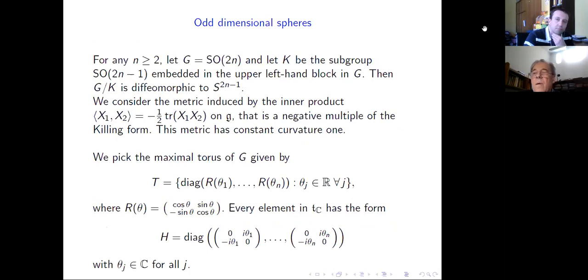Okay, well, I would say a few words about odd-dimensional spheres to illustrate. So G is SO(2N), and then we take a certain inner product involving the Killing form.